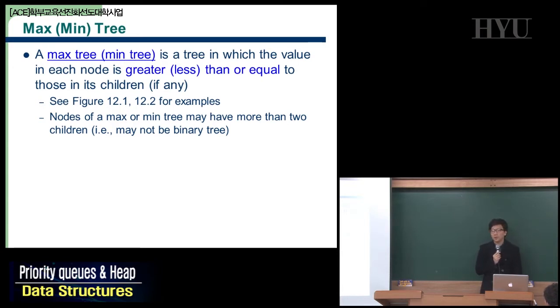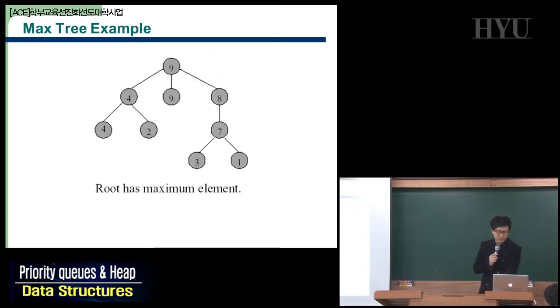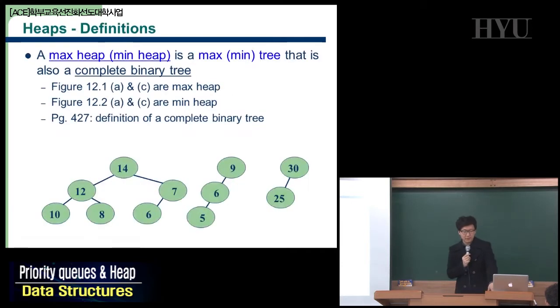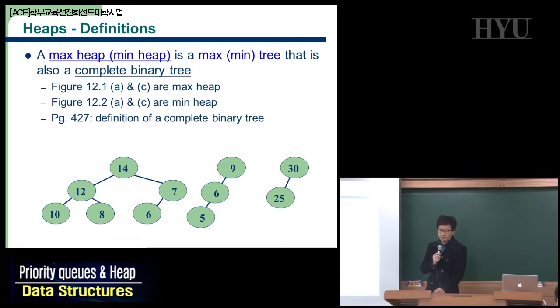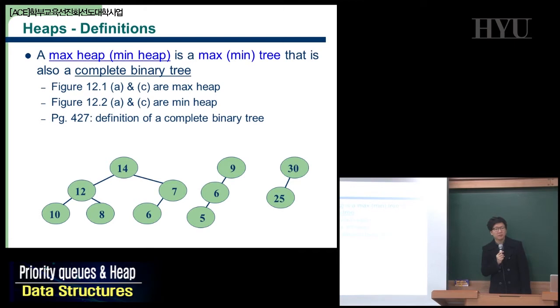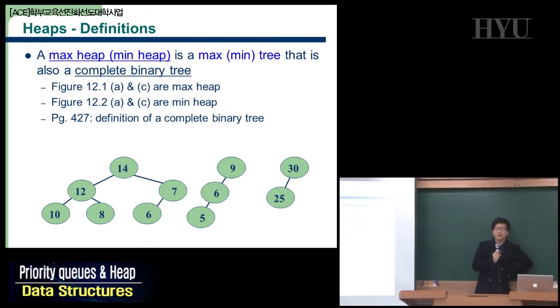So just do not mix it up. I was wondering, what is a complete tree then? Just to remind you, can you see the tree and tell whether it's a complete or incomplete tree? How do you define a complete tree?